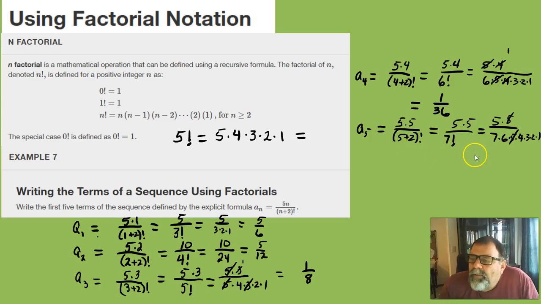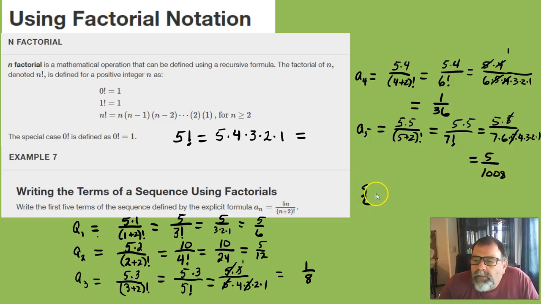And we get 5 over, let's just use my calculator. 7 times 6 times 4 times 3 times 2. You don't have to do the times 1. So that's 1,008.